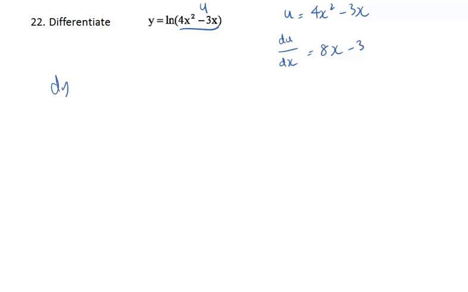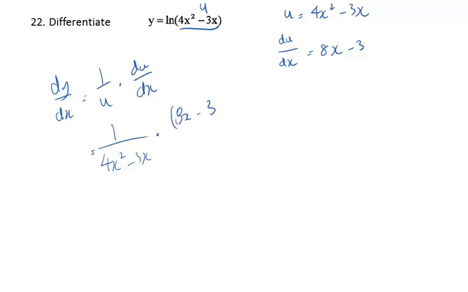And then we know dy on dx is 1 on u multiplied by du on dx. So 1 on u becomes 1 on 4x squared minus 3x multiplied by 8x minus 3. We put that together here, we're getting 8x minus 3 on 4x squared minus 3x.